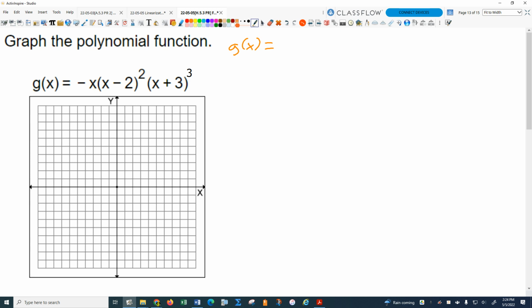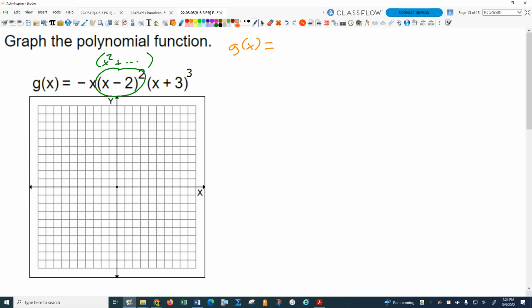Everybody see what I mean? Like if I take this factor right here, if I were to expand that whole thing out, what's the leading term of that factor going to be? x squared, right? I'm just going to get x squared plus other stuff, right? But all I care about is the leading term.